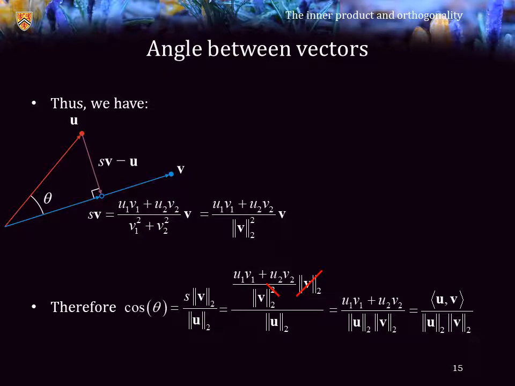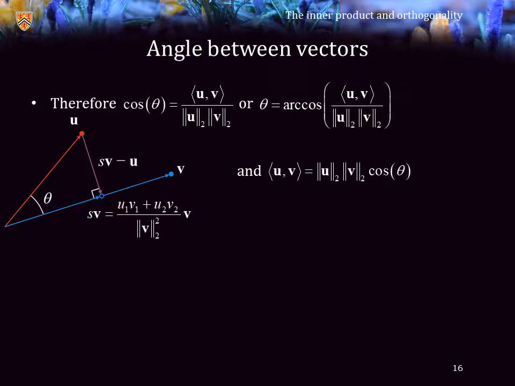That's the inner product of u and v over the product of the 2 norms. Therefore, cosine of theta is equal to this expression, or in other words, theta can be found by taking the inverse cosine of this expression, and therefore the inner product can alternatively be calculated using the product of the 2 norms times cosine of the angle between the 2 vectors.